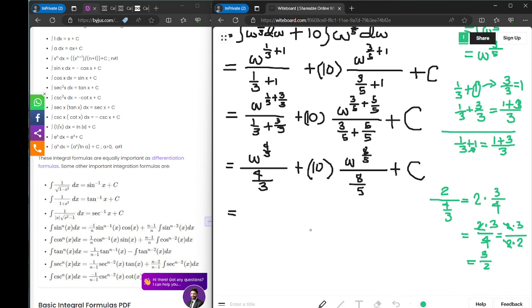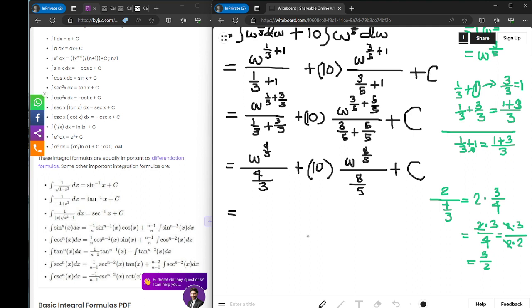So for this, that is just equal to W raised to power 4 over 3 times 3 over 4. And we also have here 10. Let me just write the constant values at the beginning. That's the convention.